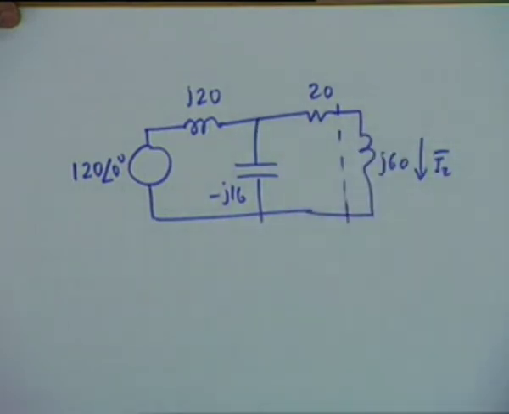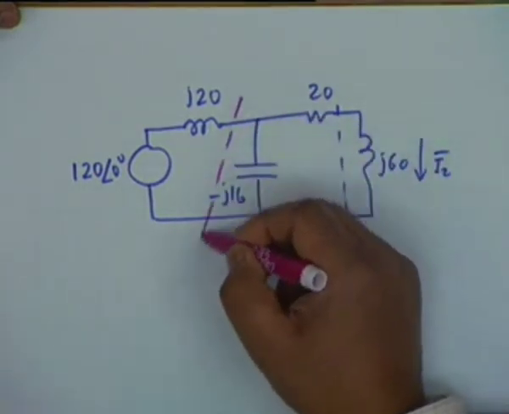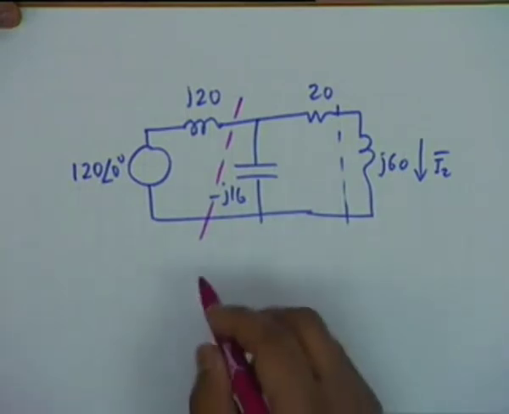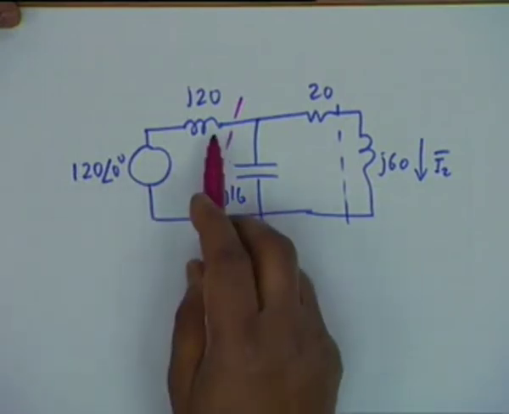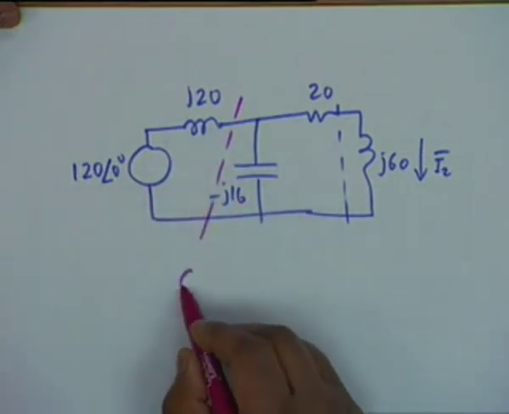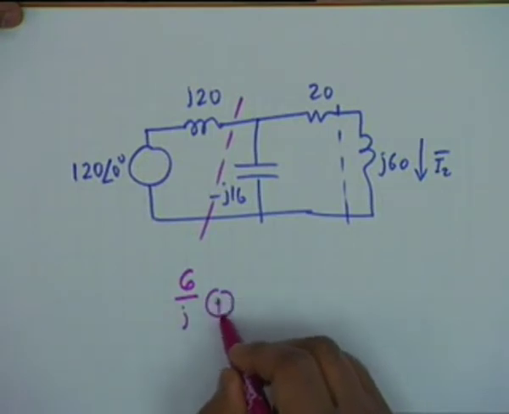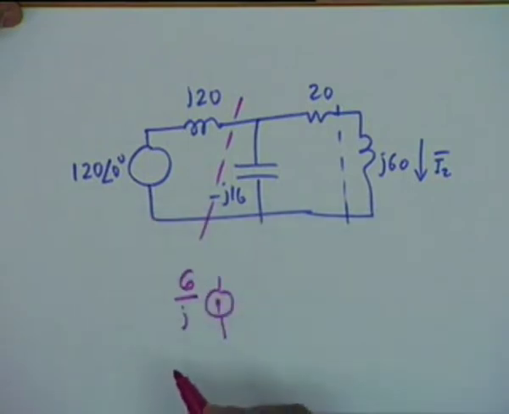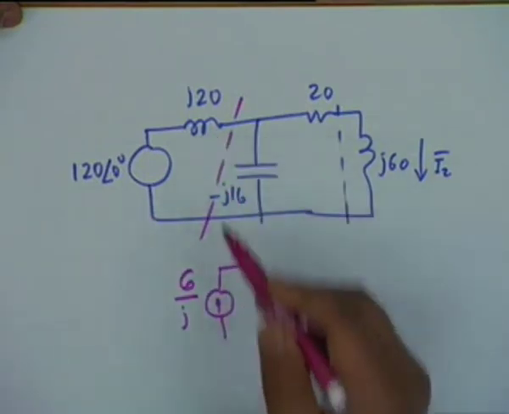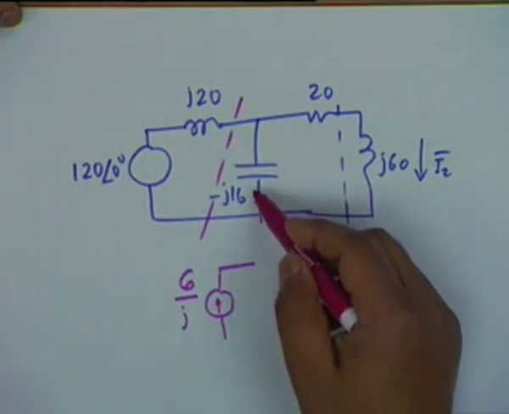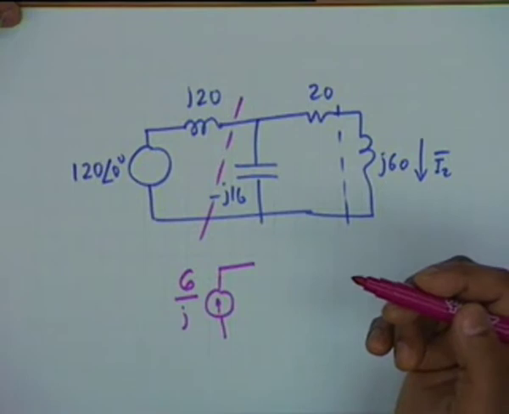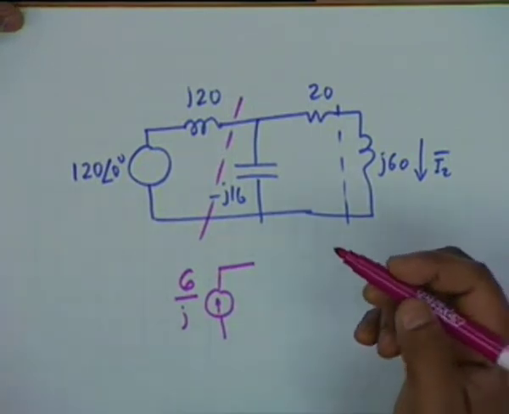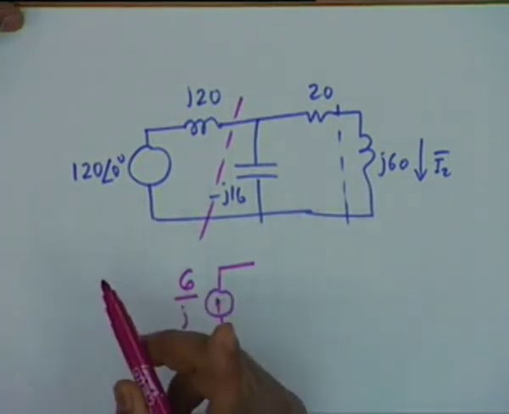Source transformation. What we do is we first apply Norton's theorem to the left of these two lines, then we get 120 at 0 degrees divided by J20, and therefore it would be 6 divided by J. This is a current source. If I apply Norton's to the left of this current source in parallel with J20, this comes in parallel with minus J16, and therefore the equivalent admittance of J20, they are not the sum of the two.